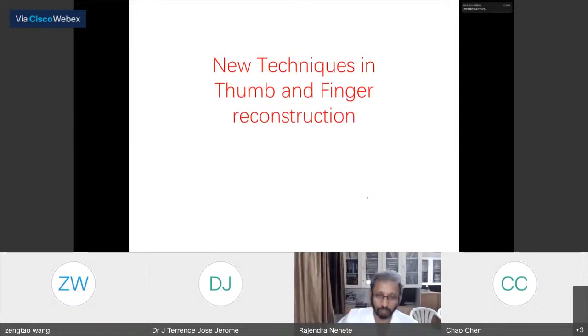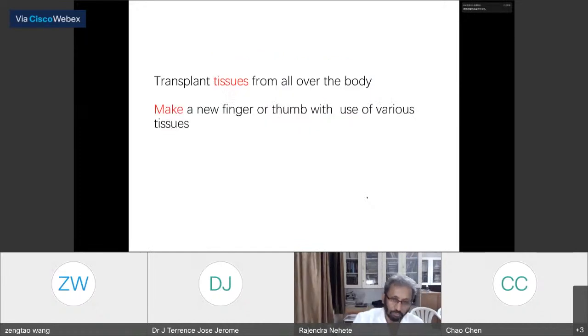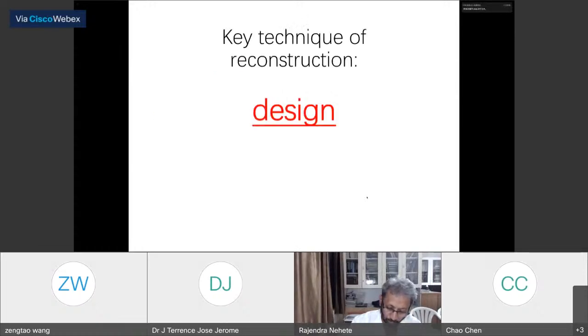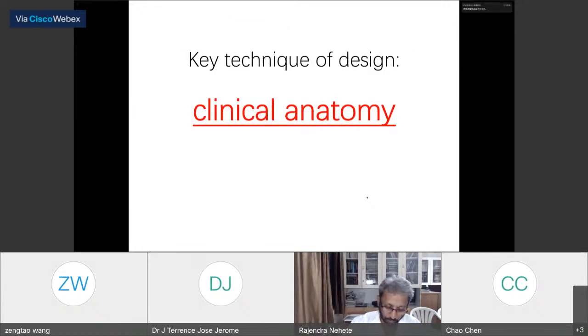This is a new technique in thumb and finger reconstruction. Transplanting tissue from all over the body makes a new finger and thumb from various tissues. The key technique of the reconstruction is the design, and the key technique of design is clinical anatomy.